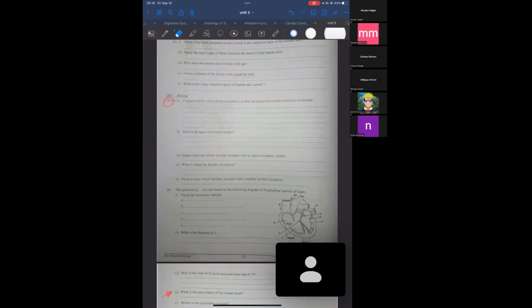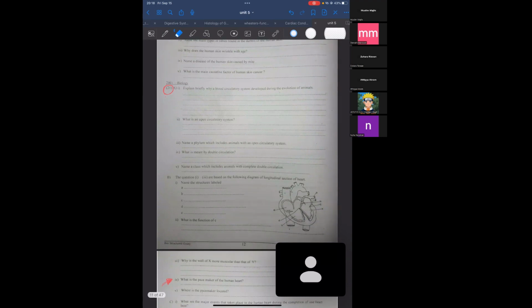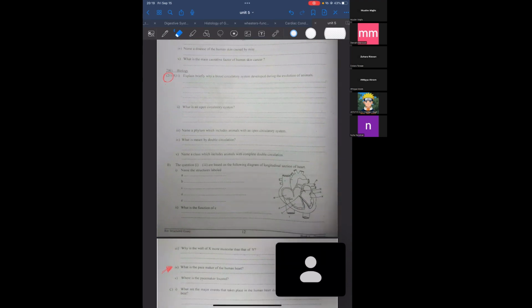The animals were so simple and not very complex, and the cells of the bodies of the animals were in close proximity to the surface, so simple diffusion of gases was enough for them. Later the surface area to volume ratio increases. Everything you should be able to write. And then the need for a circulatory system arises.